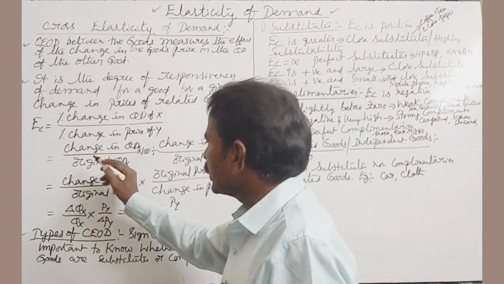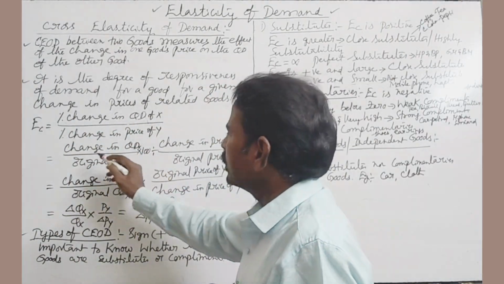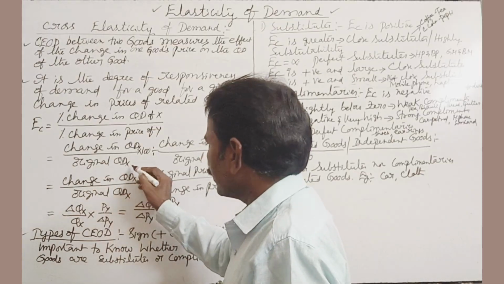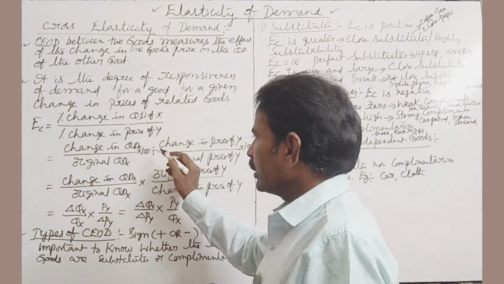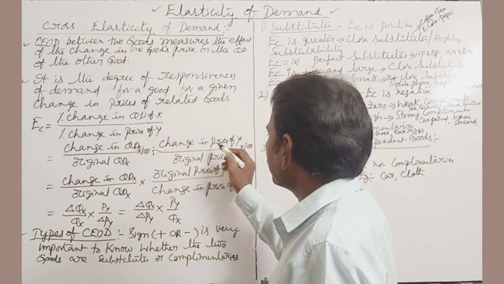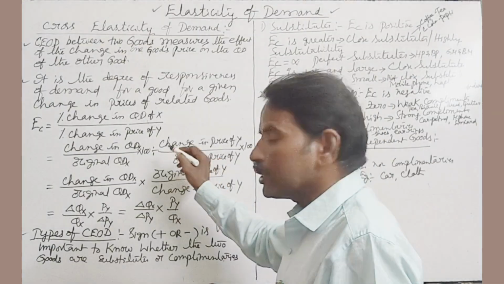Percentage change in quantity demanded of X can be written as change in quantity demanded of X divided by original quantity demanded of X into 100. Likewise, percentage change in price of Y can be written as change in price of Y by original price of Y into 100. It is in division form.